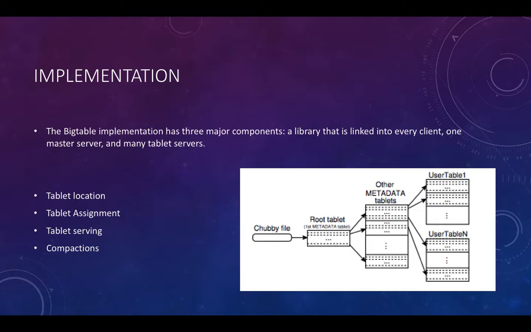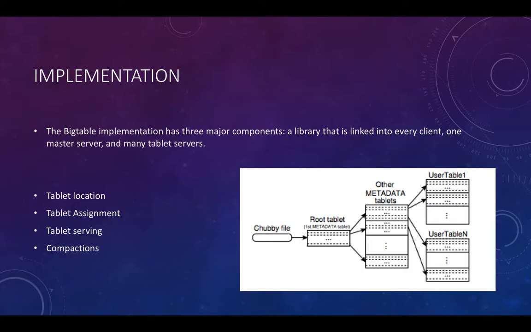The merging compaction reads the contents of a few SSTables and the memtable and writes out a new SSTable. The merging compaction that rewrites all SSTables into exactly one SSTable is called a major compaction.